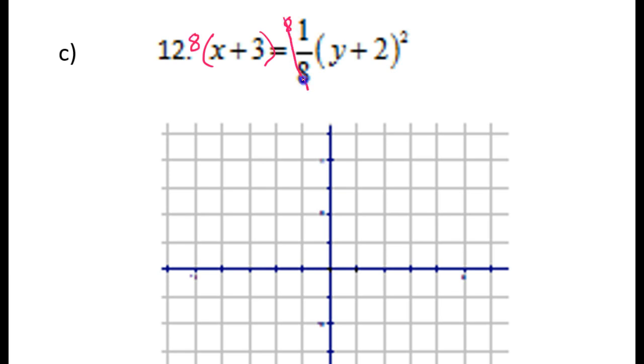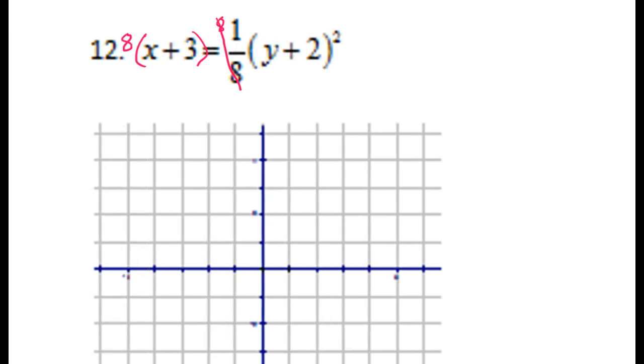That way this is going to be gone. Okay, so if I rewrite the equation, and I'm going to write it so that the squared part is first, because that's what we're used to. This will become y plus 2 squared is equal to 8 times x plus 3. All right, this is the way we're used to seeing it.